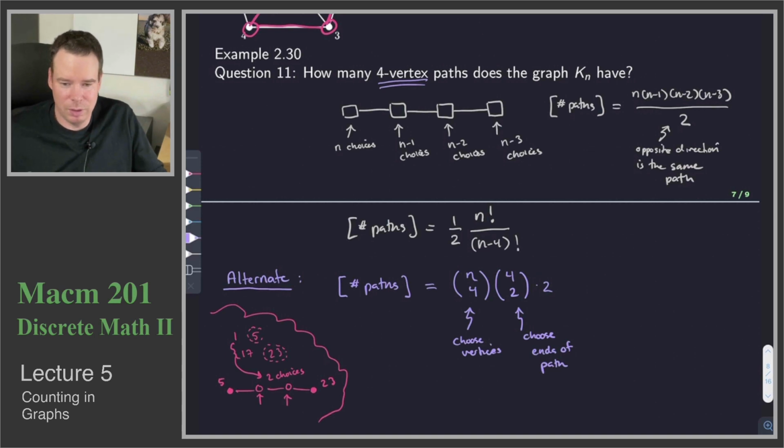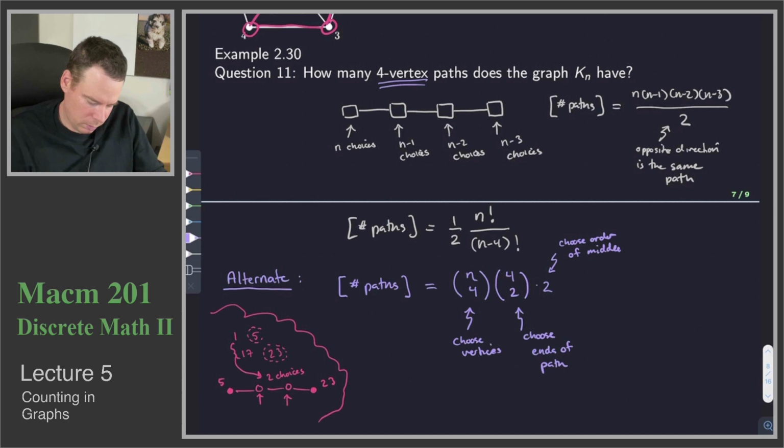You either fill them in, as in this case, 1, 17 or 17, 1. And so there is our number of choices. So we will choose the order of the middle 2 vertices. And so there we go.